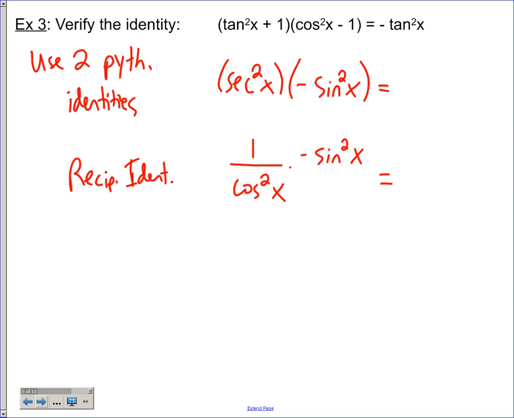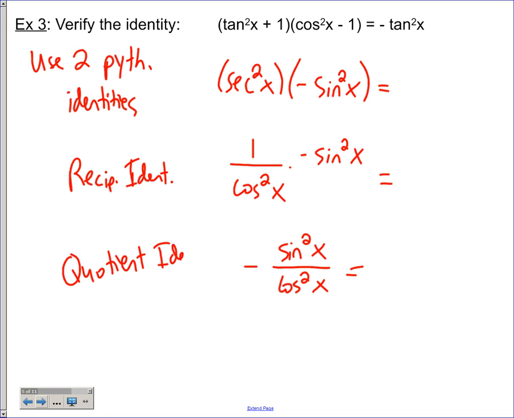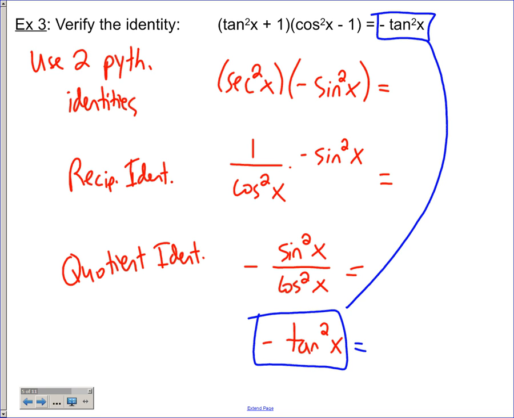If we write this all as one fraction, we get negative sine squared x over cosine squared x, which we should know using our quotient identity that that's negative tangent squared x. All right. In this case, this one was a lot shorter. The left-hand side and the right-hand side now match. They're both negative tangent squared x.